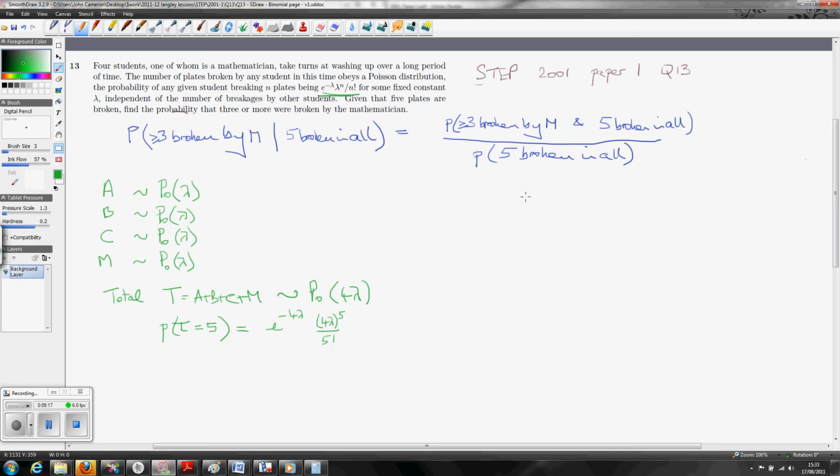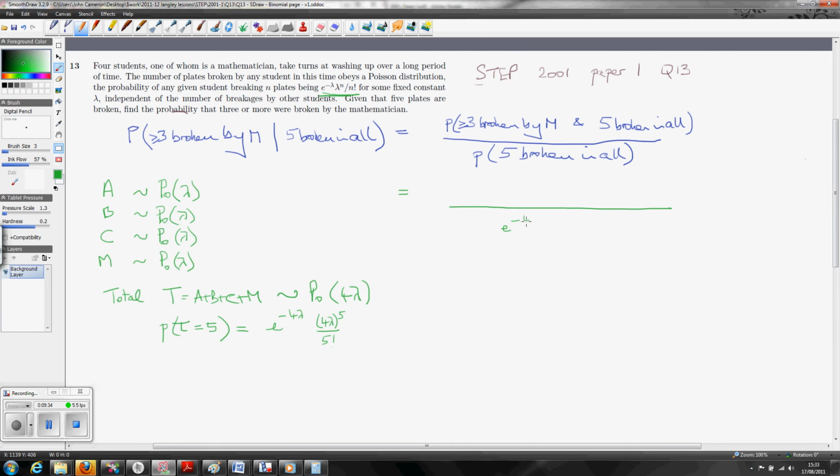And that's the probability we're going to have on the denominator. We don't know what lambda is, but it'll turn out that lambda cancels. Okay. Let me just put that in, even though I don't know the numerator yet. I'll leave the numerator there.